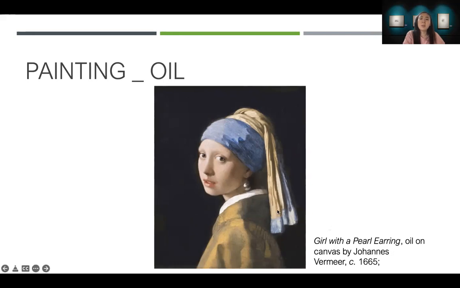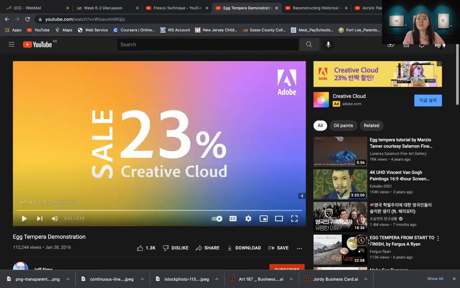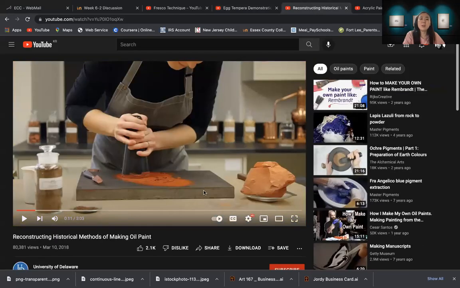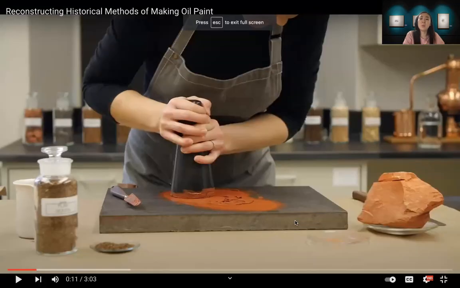So this is made by the traditional oil painting style. So I'm going to share a video on how to make the traditional oil paint, with the powder and the oil.